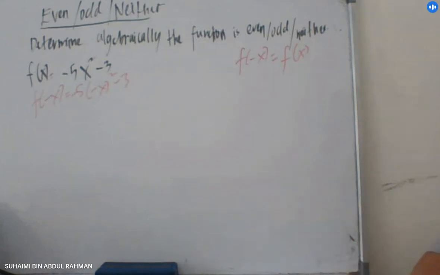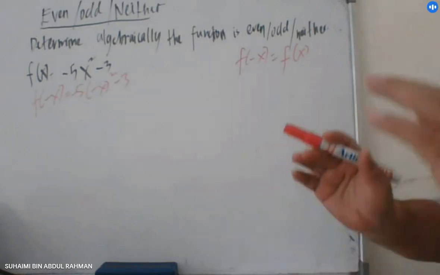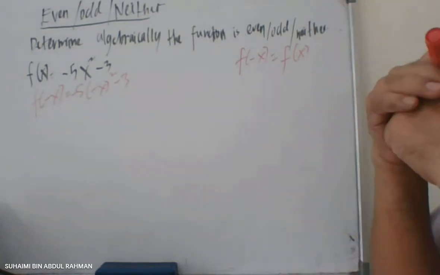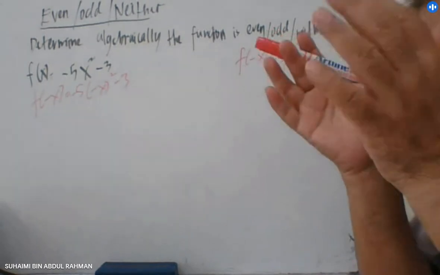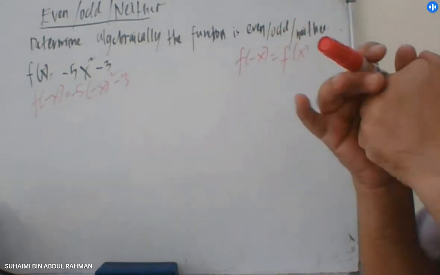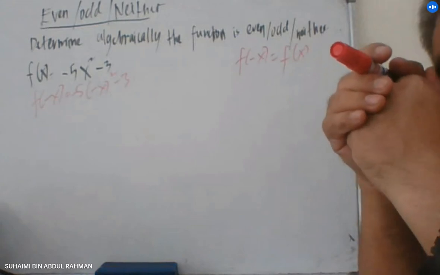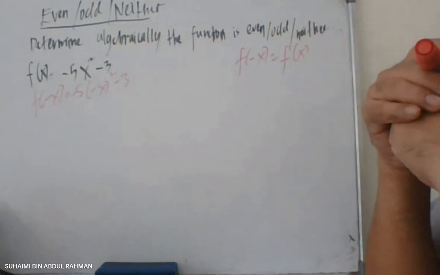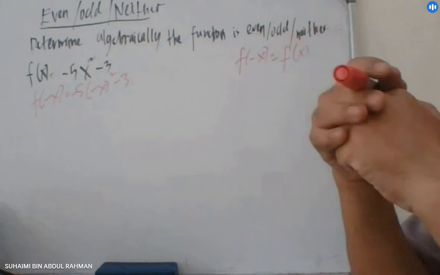Nothing to do with the domain. No questions about domain. That is to determine whether the function is even or odd or neither. Remember that our topic today is to determine whether the function is even or odd or neither.